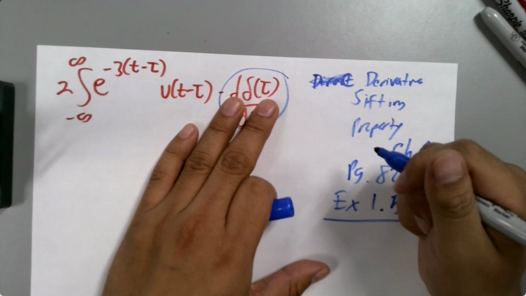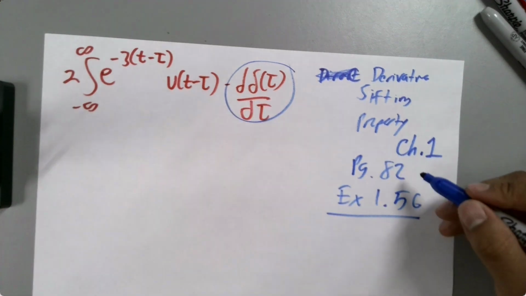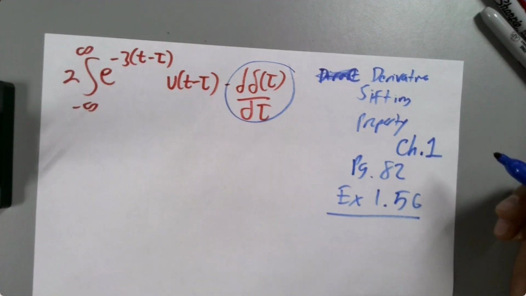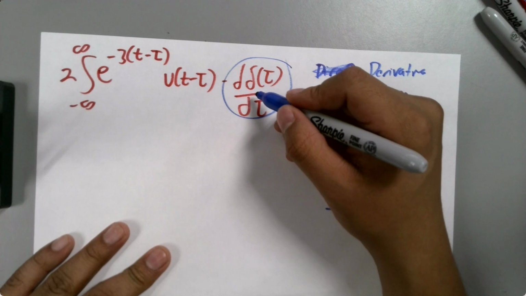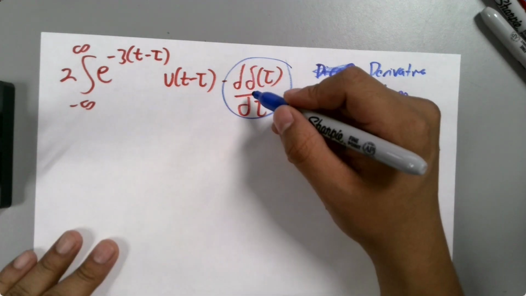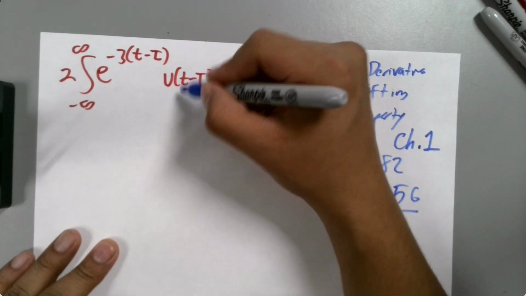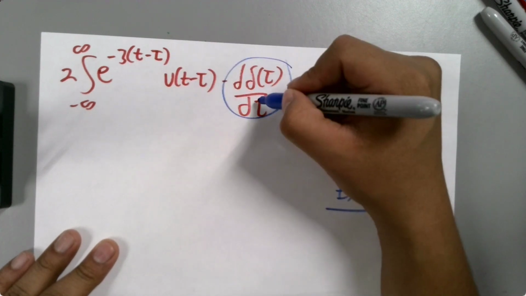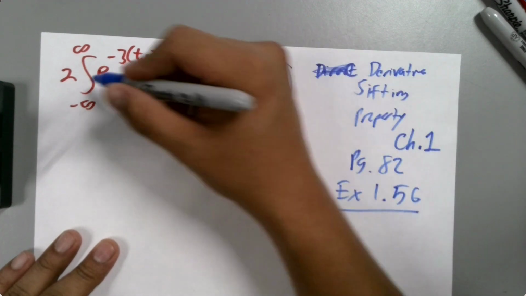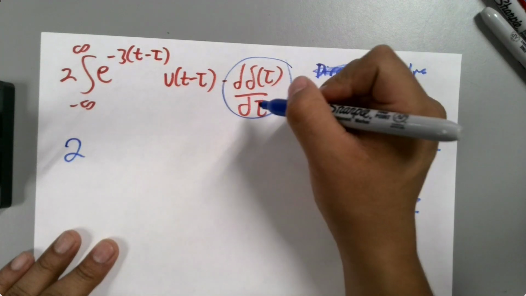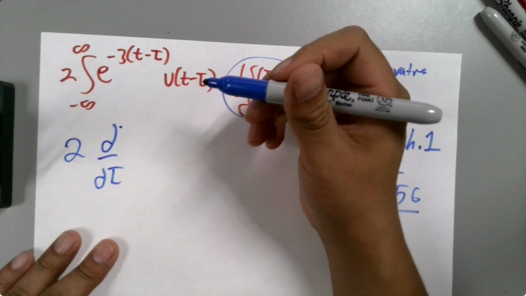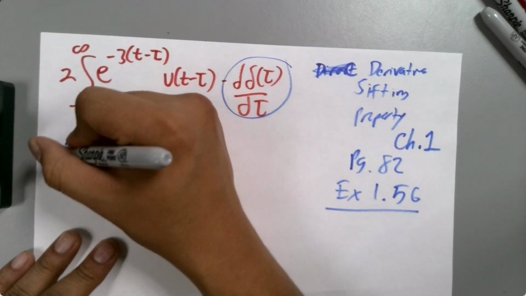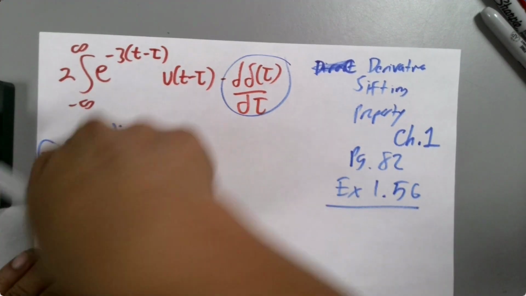Okay, review that. Remember all that stuff we were doing from chapter 1, quiz 1, like derivative of this, right? So now, the key is, we're sifting one value. So who cares about this? We're looking at this. So what we're going to do is 2, and d of d tau of... wait, put a minus there, because that's the rule. Don't forget that minus.